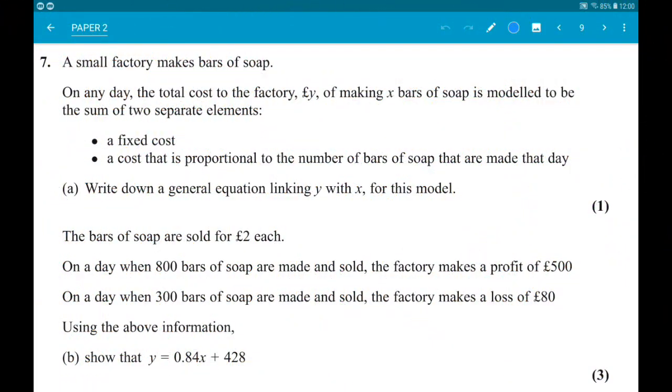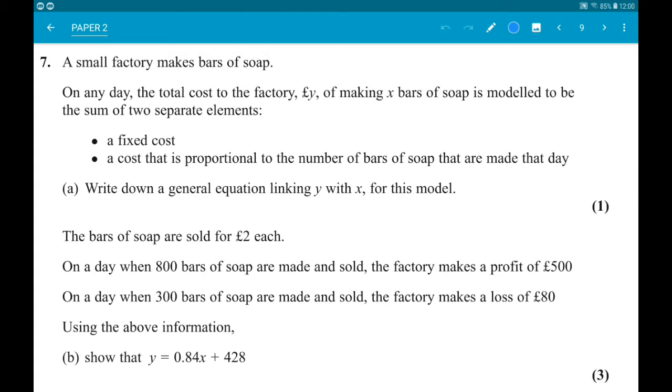Number 7. A factory makes small bars of soap. On any day, the total cost £y to the factory of making x bars of soap can be modelled as the sum of the cost of two separate elements. So we have a fixed cost and then an amount proportional to the number of bars made that day.